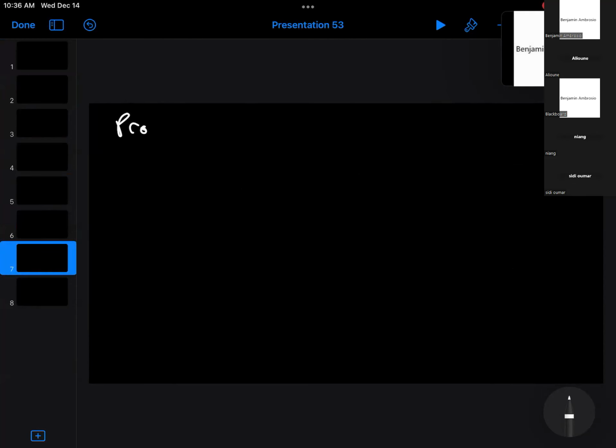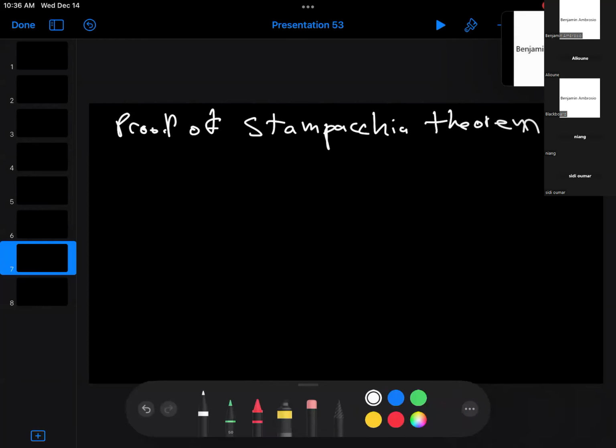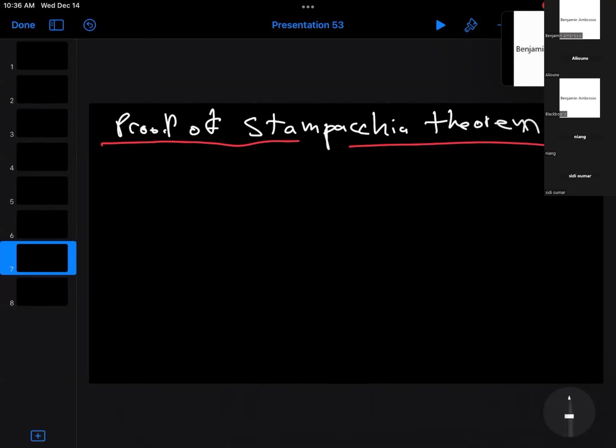So proof of theorem. Okay, so let's go. So to begin with, we are going to use the Riesz representation theorem.